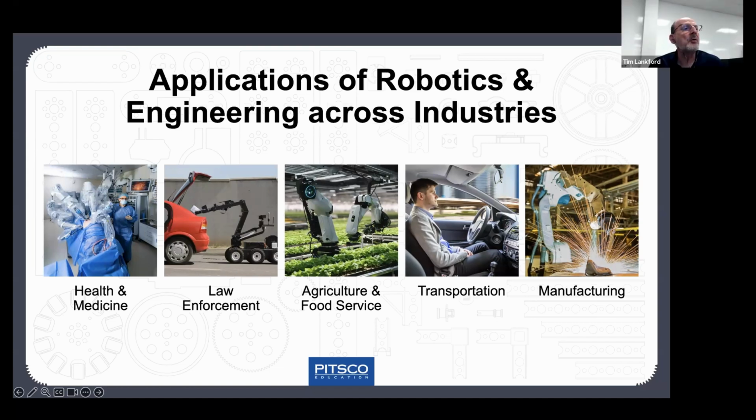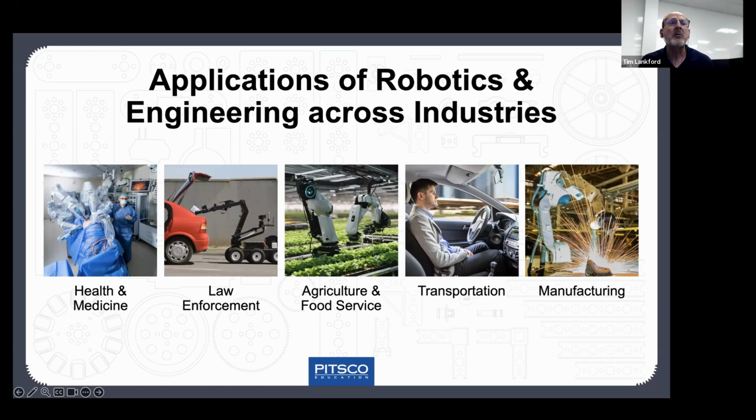There's law enforcement robots, robots that are designed to go into hazardous situations and take the place of humans where that human could be harmed, or bomb disposals. There's transportation. Probably one of the biggest growing aspects is our cars, how we get around. They're becoming smarter and smarter, using sensors to become more intelligent and protect us and get us places faster and more efficiently.